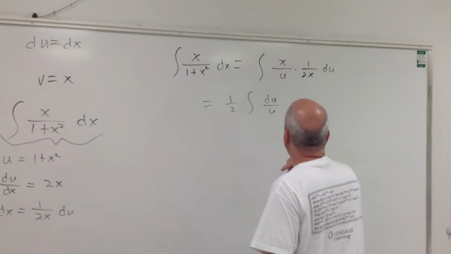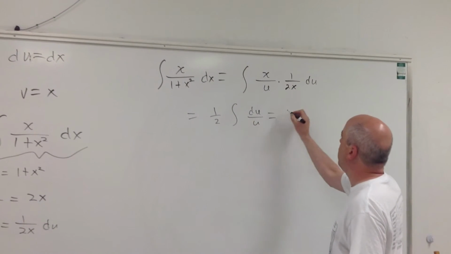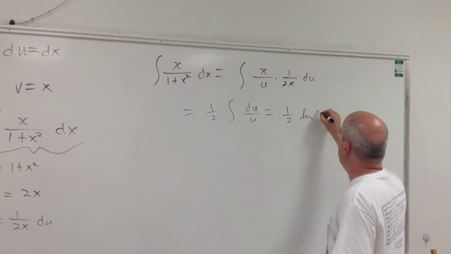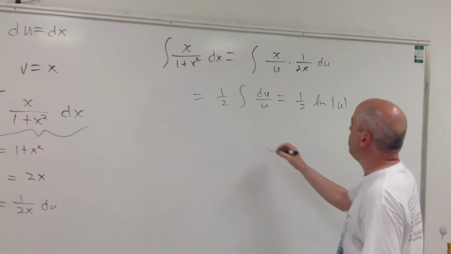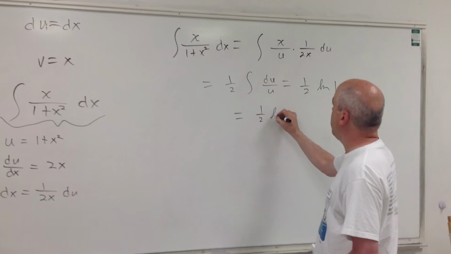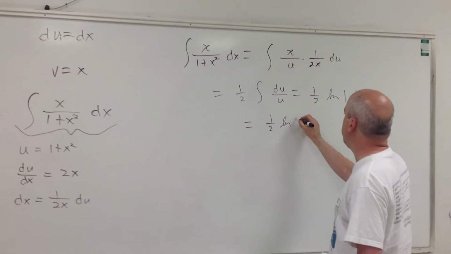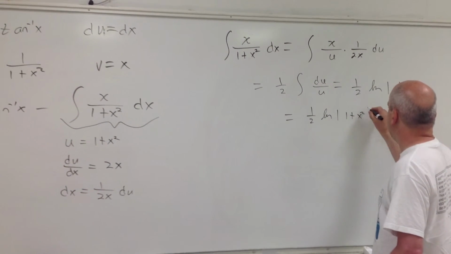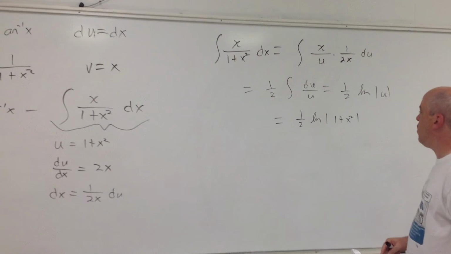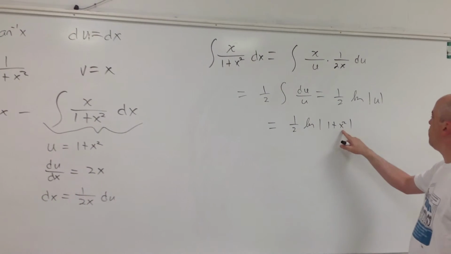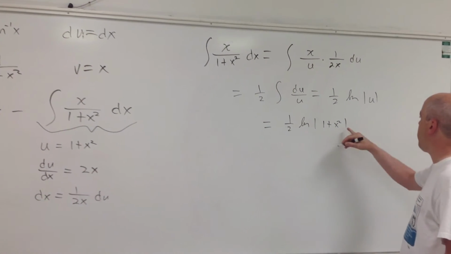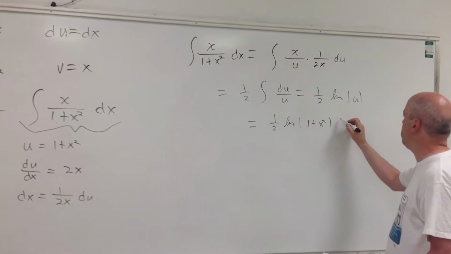And this is one of the basic formulas that we had you memorize. 1/2 natural log absolute value of u. So that's 1/2 natural log absolute value of 1 plus x squared. Now it's worth noting that 1 plus x squared is always positive because x squared is always positive, so the absolute values are actually redundant here.